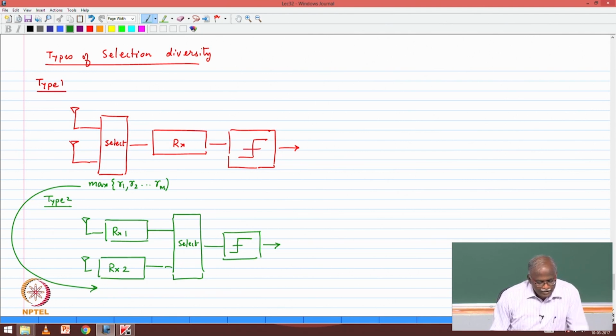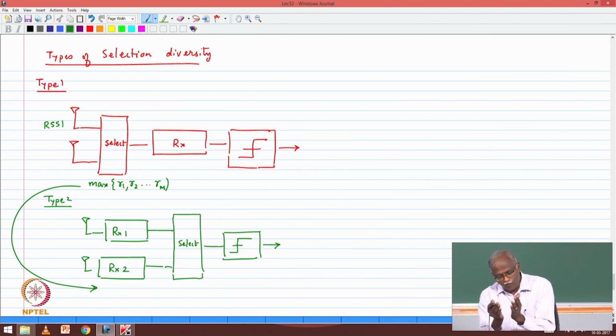Now the difference between these two is, in the one case you determine a priori which is the stronger of the two signals, and that you can do based on RSSI, received signal strength. Basically you measure the signal strength from antenna 1 and from antenna 2. Now you know that RSSI is not always a good indicator of the SNR.